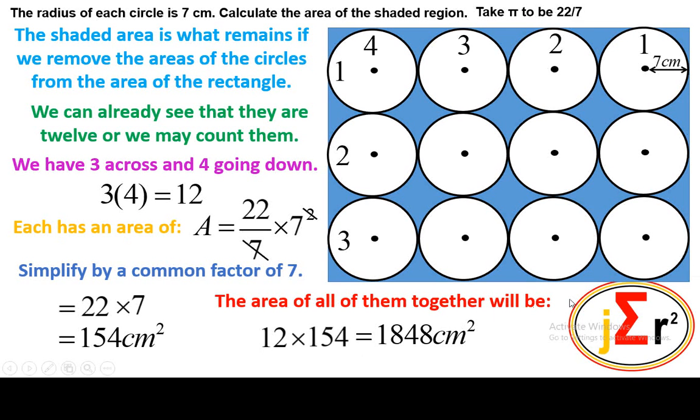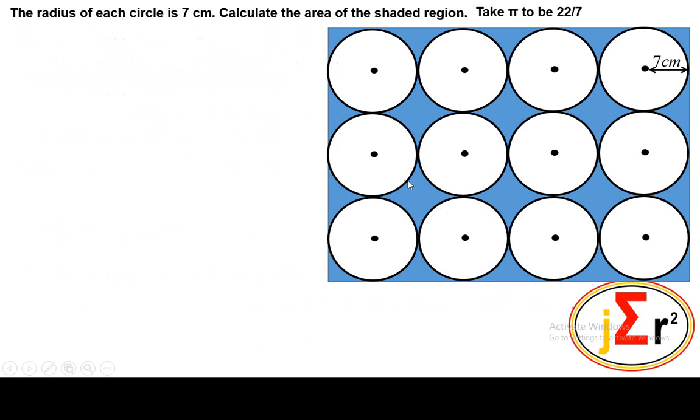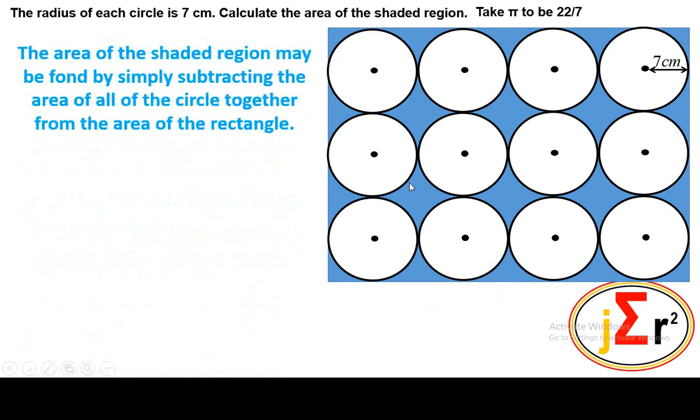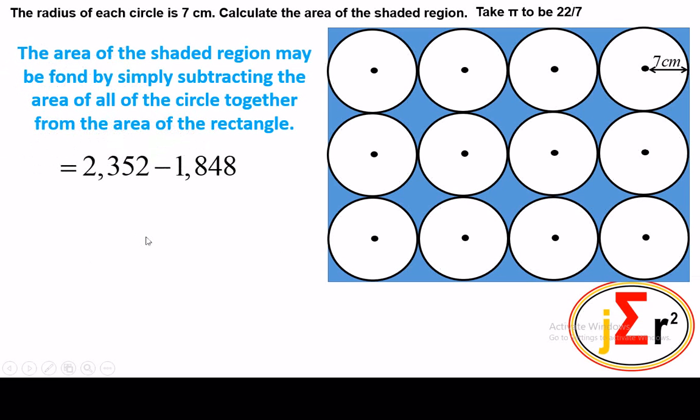We are not done yet. Do not forget that we need to determine the area of the shaded region. And what does that require? The area of the shaded region may be found by simply subtracting the area of all of the circles together from the area of the rectangle, and we calculated the area of all of the circles together already.